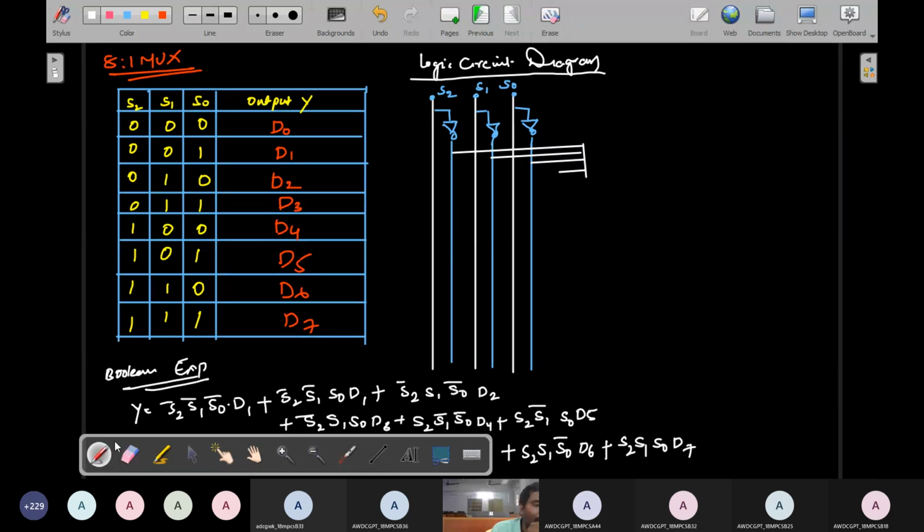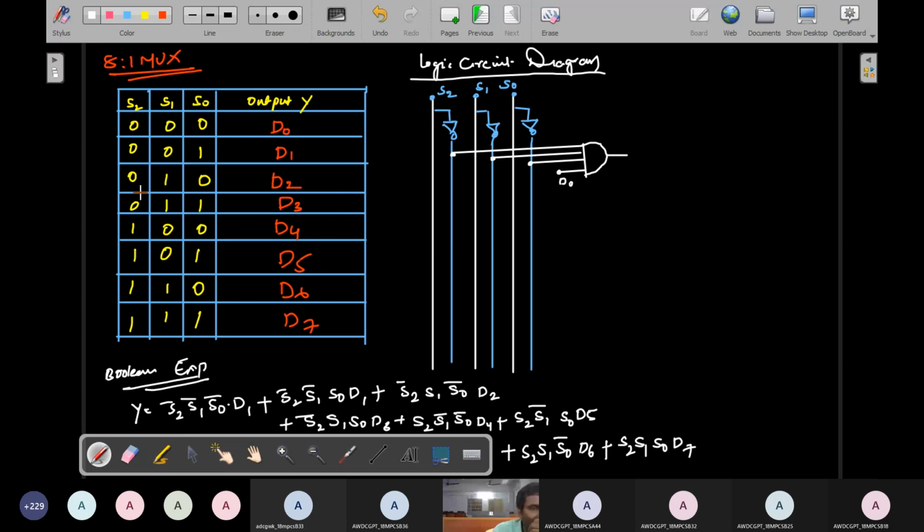And this is the D naught input. All of these represent an AND gate, so this is the AND gate, and this is called the D naught terminal. These are all S0 bar, S1 bar, S2 bar. Understand everybody? This is the first combination.